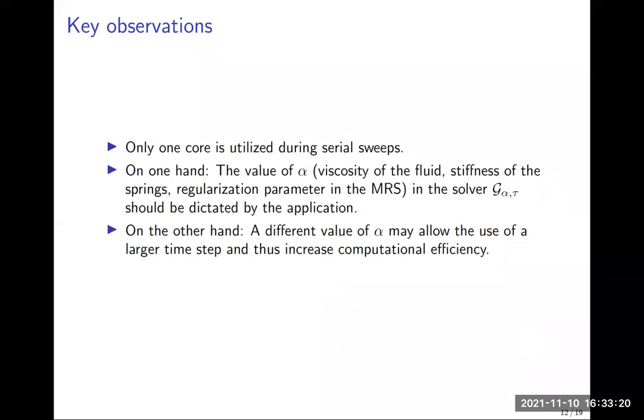And the second observation I've also mentioned: we have many parameters in our solvers, viscosity, stiffness of the springs, or some parameter in your solver, whichever one you pick. And usually we don't want to change them because they should be dictated by the application, okay?